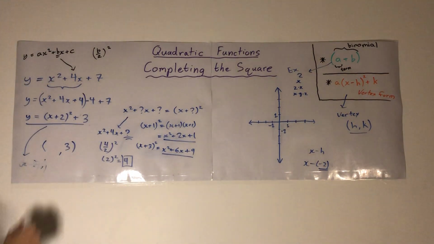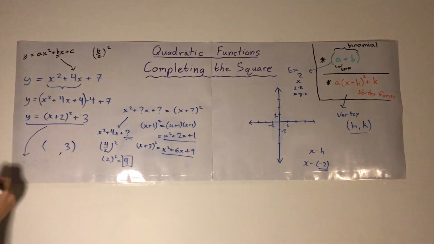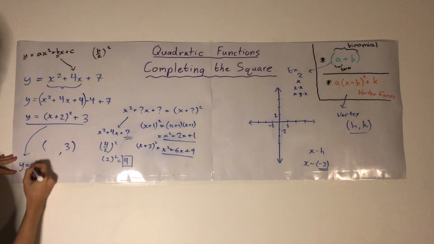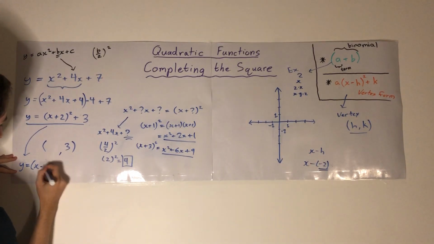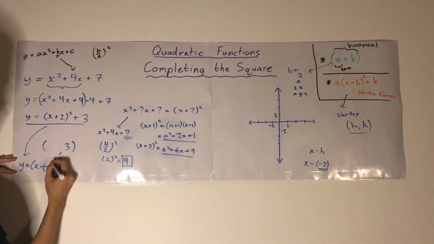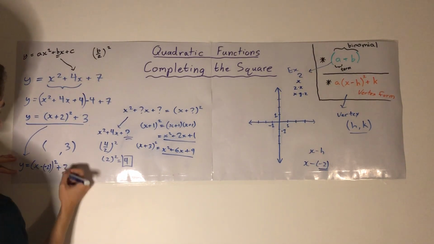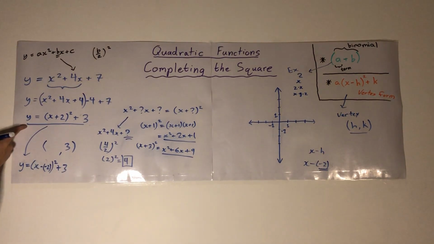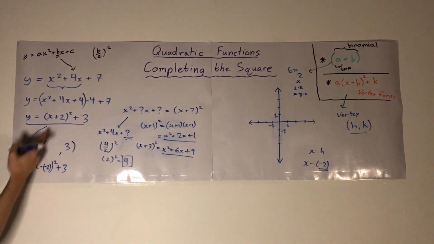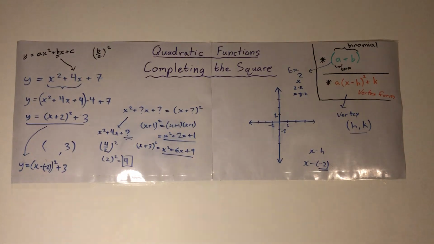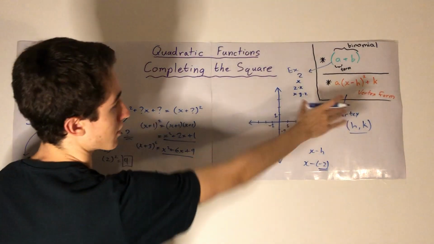Where's my paper? Shoot. Okay. Rewriting it fully, it will look like y equals x minus -2, squared, plus 3. It's better to write it like this to make sure. This is exactly the same, right, as this other function. I just rewrote the +2 as a minus, and this places it in the exact vertex form.